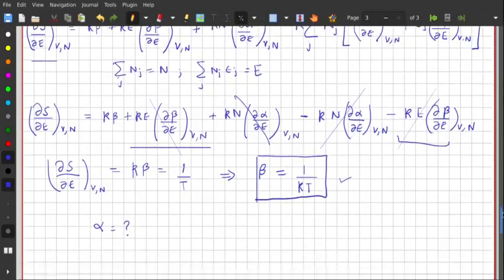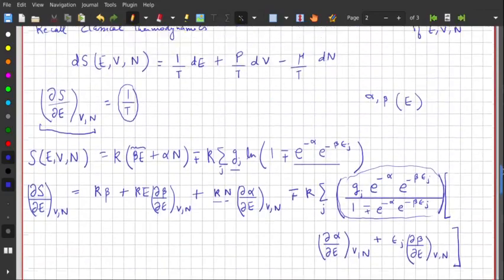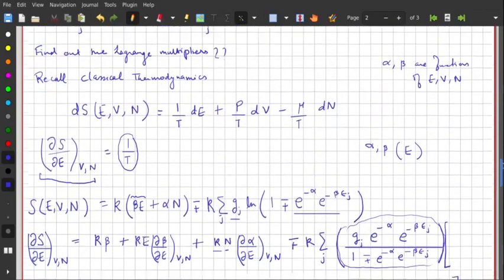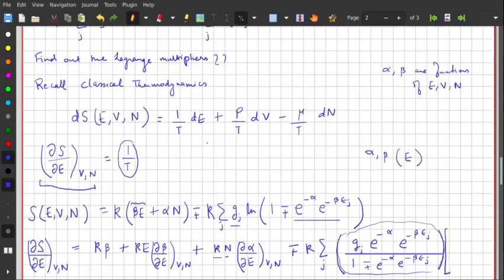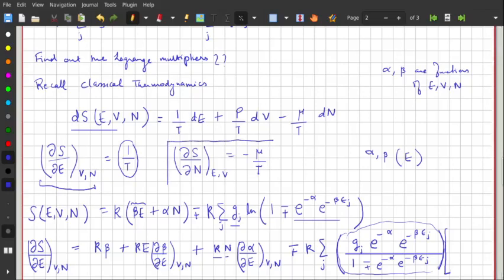If you recall from classical thermodynamics, from this equation of the differential of dS, we can compute the partial of S with respect to, let's say, N. So partial S partial N at constant energy and volume, E and V constant, becomes minus mu over T. We will use this later to evaluate our second Lagrange multiplier.